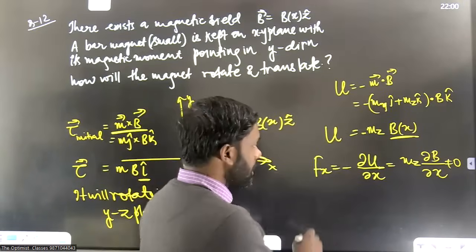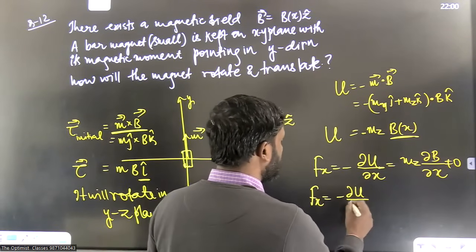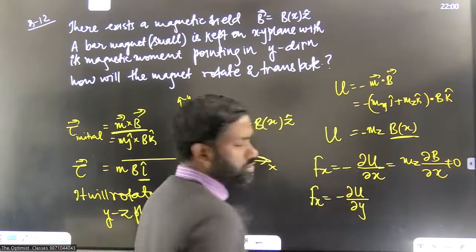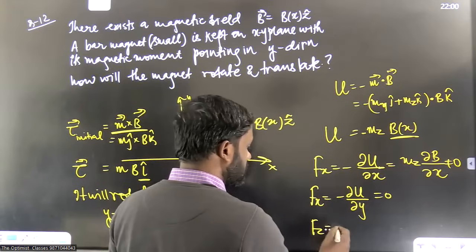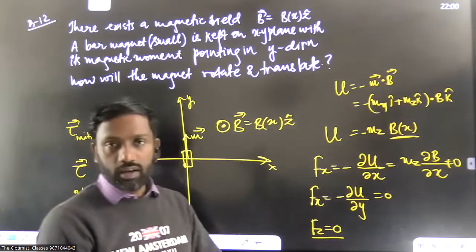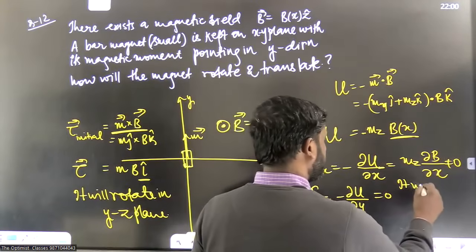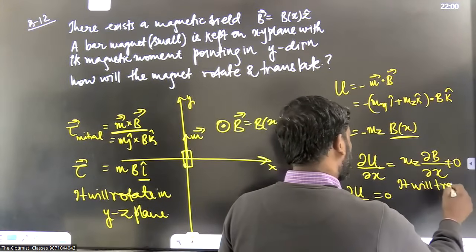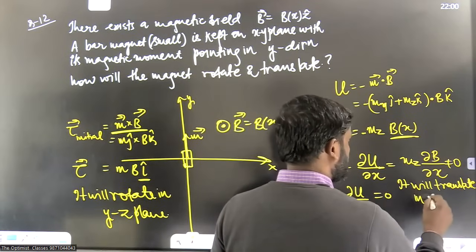But if you calculate the force in the y direction, del U by del y, the magnetic field is not a function of y, so the force in the y direction is 0. Similarly, the force in the z direction will be 0. So the magnet will not translate in the y or z direction; it will translate only in the x direction.